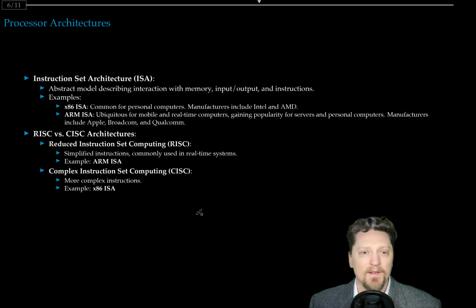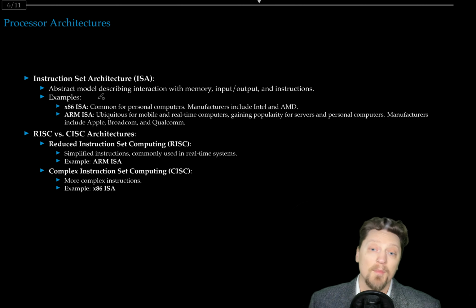Processor architecture. Instruction set architecture, or ISA, is an abstract model describing interaction with memory, input-output, and instructions. Two examples that you may be familiar with: the x86 ISA, which is common for personal computers. So there are some manufacturers of chips based on this instruction set architecture.